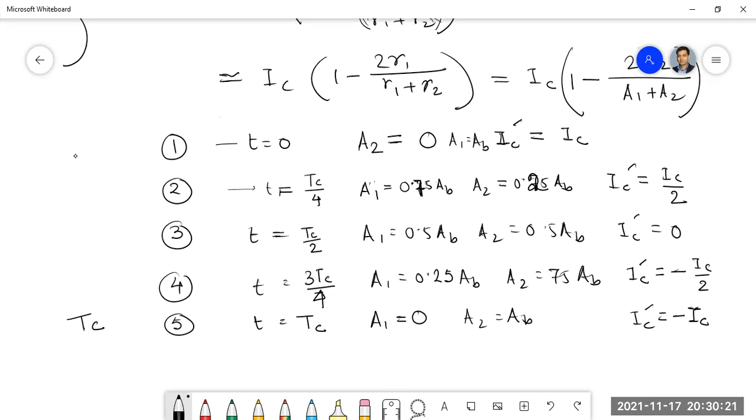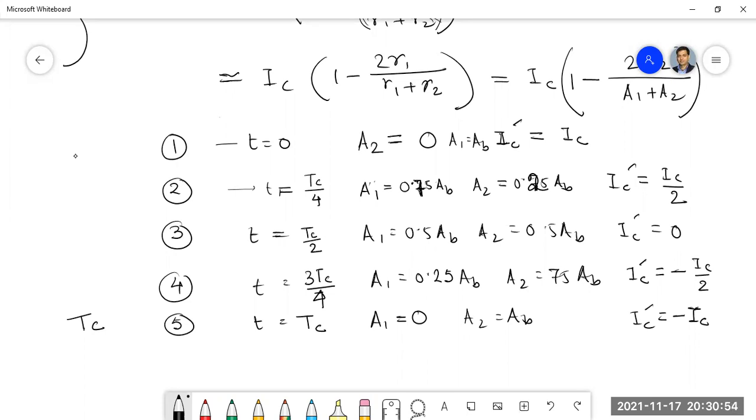That also we can do. Anyway, but this is the ideal case. Why are we saying ideal? Because here we haven't considered the coil resistance. Okay, so we have neglected the coil resistance with respect to the contact resistances. But coil resistance is not zero. Practically it is not zero.